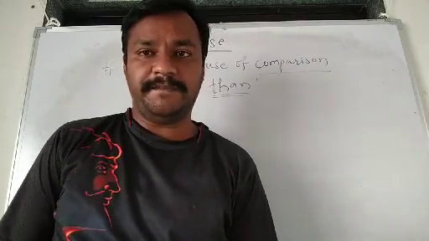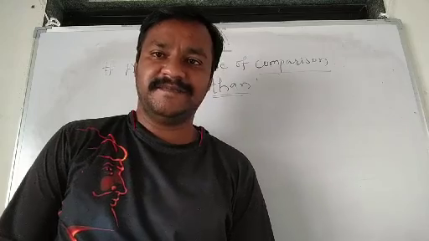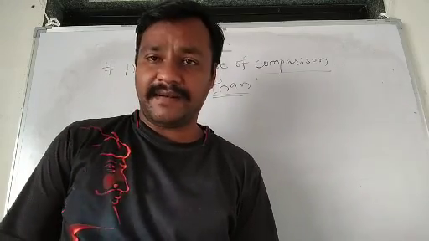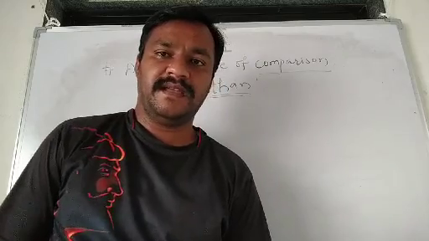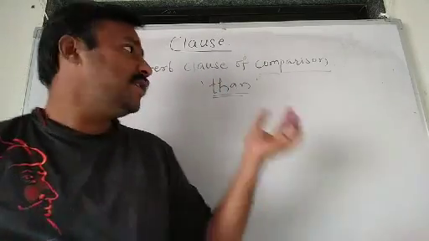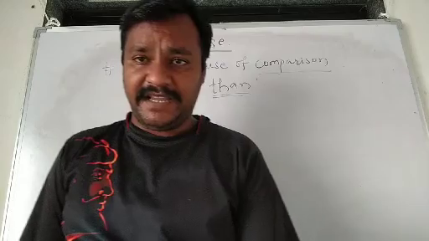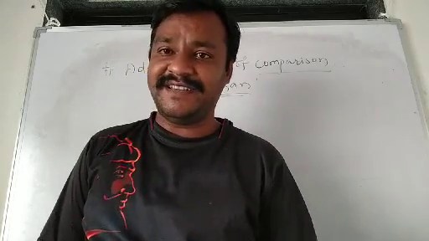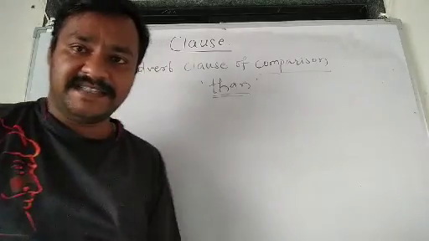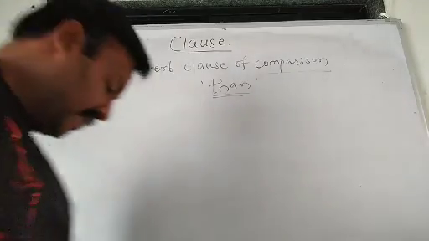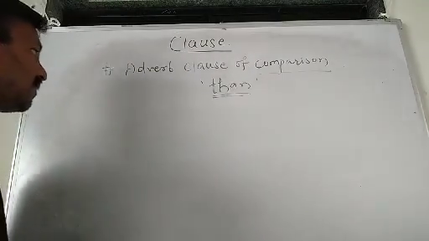In degrees of comparison we have already discussed, when we compare someone or something. That time we use than in comparative degree, and those comparative degree sentences are called adverb clause of comparison. Let me give you some examples.